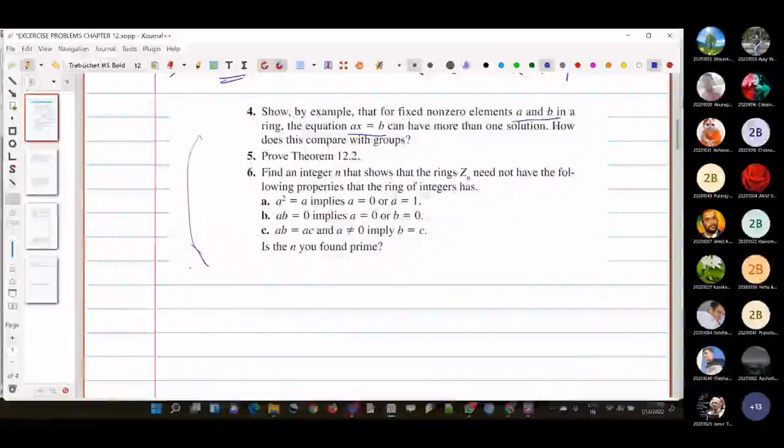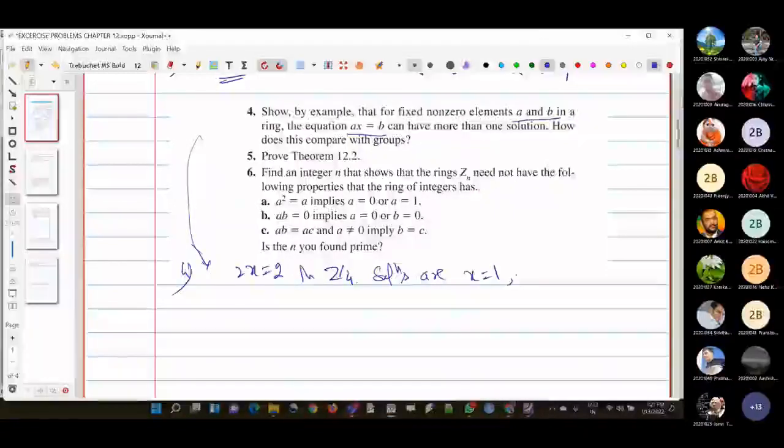So in the case of 2x = 2 in Z4, the solutions are x = 1 and x = 3. So there are two solutions. You know that if you put x = 2, we will have 6 on the left side, which reduces under modulo 4 to 2.